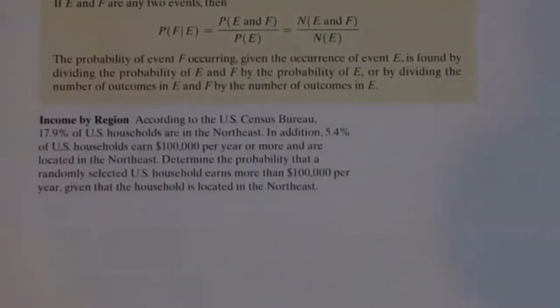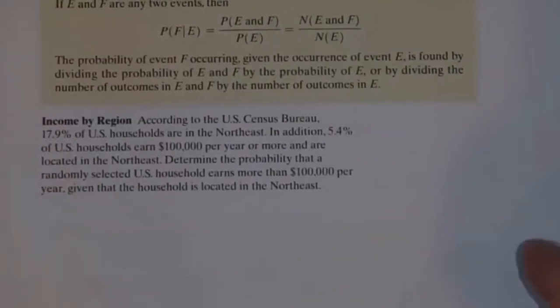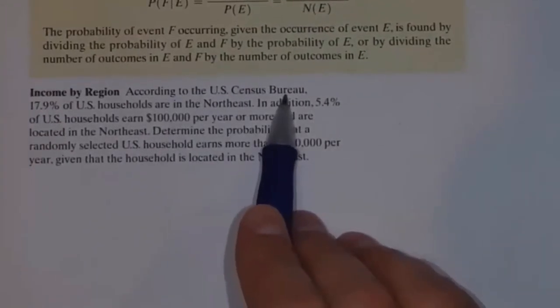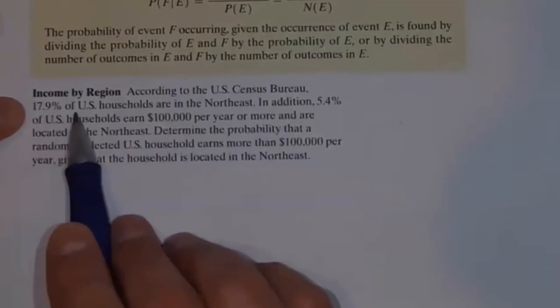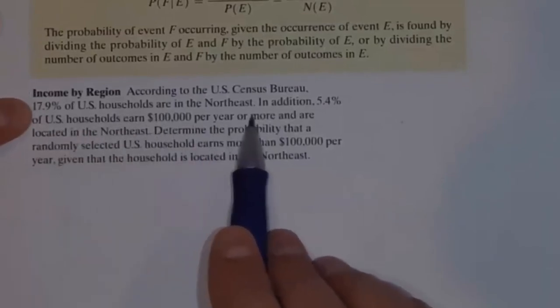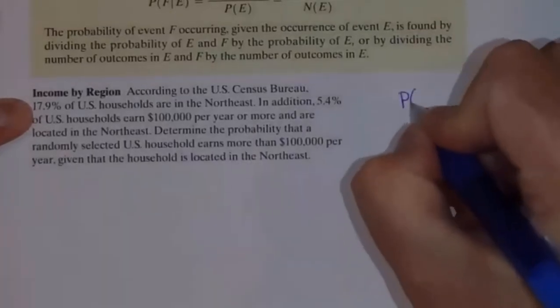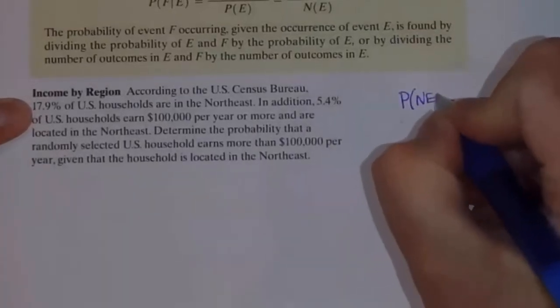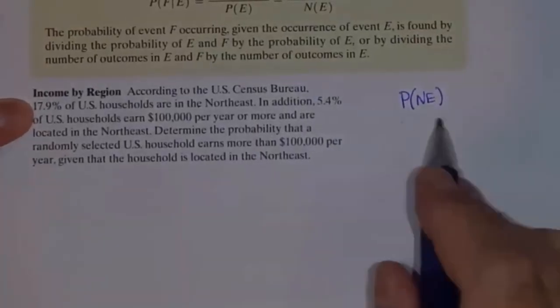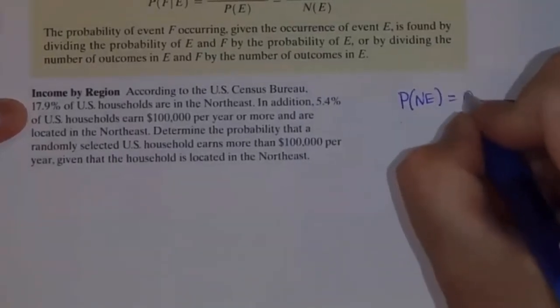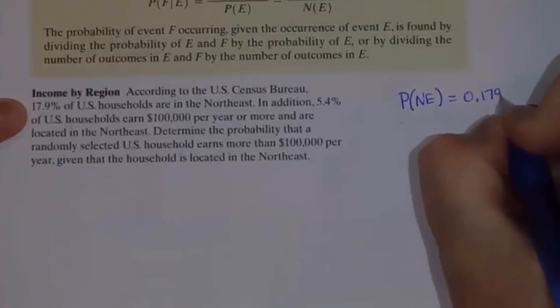So take a look at this example. According to the U.S. Census Bureau, 17.9% of U.S. households are in the Northeast. So I'm going to write that down over here. If I randomly select a U.S. household, the probability that that household is in the Northeast is 17.9%, or 0.179.